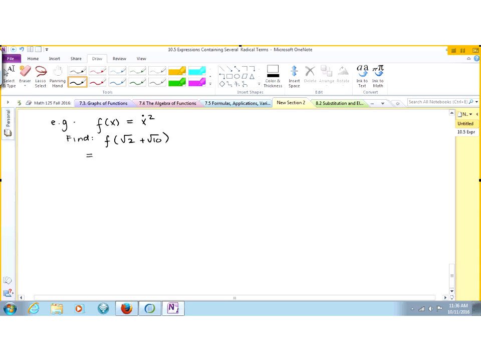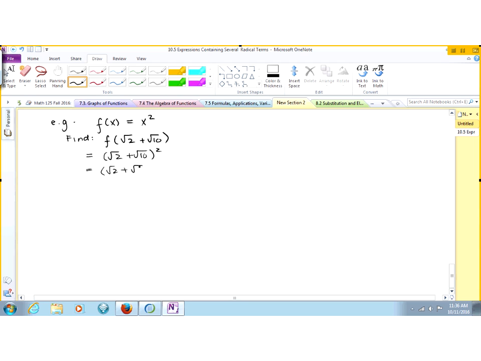Okay, so how do we do it? Basically, what does your function tell you to do? Square it. So this is just square root of 2 plus square root of 10, squared.